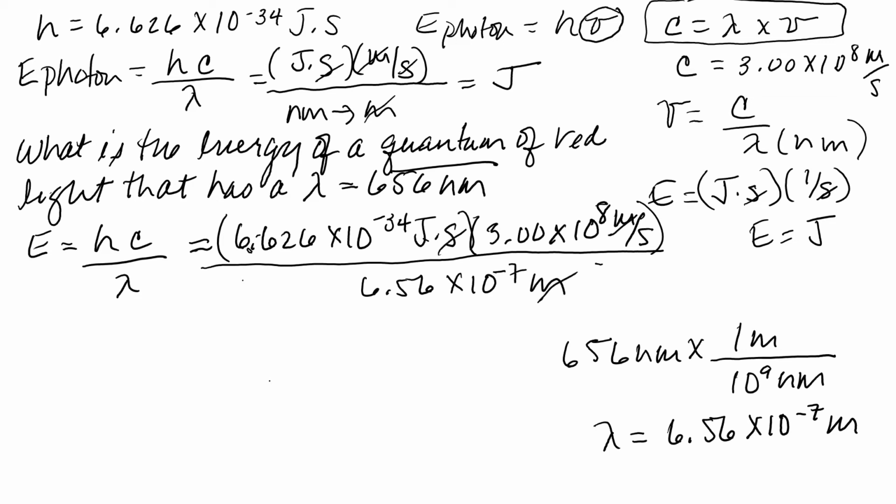Meters cancel, seconds cancel, and E of that photon or quantum of red light is 3.03 times 10 to the negative 19 joules.